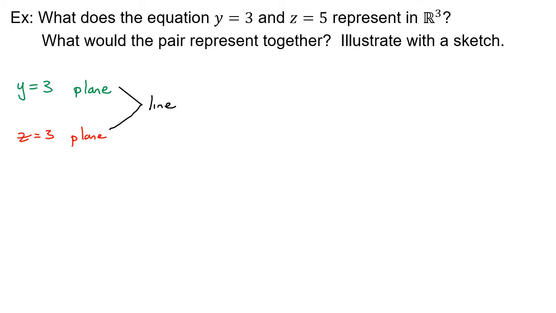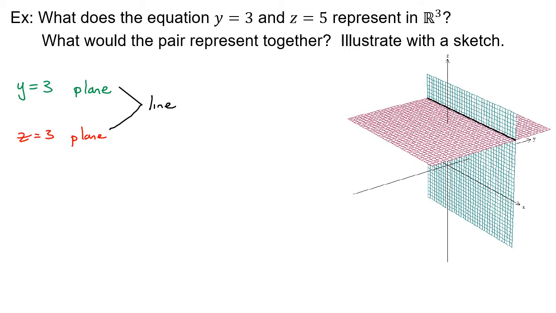And so we can illustrate that by a graph. This is why I had to go back and do it in green, because the green vertical plane here is going through the y-axis at 3. So you might notice there's an intersecting point on the y-axis right here.